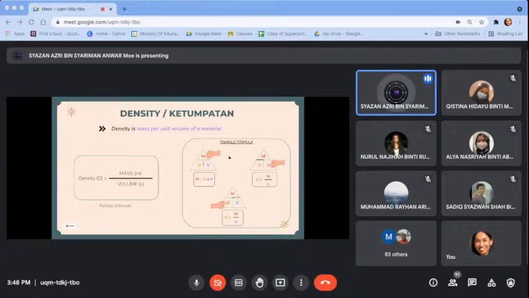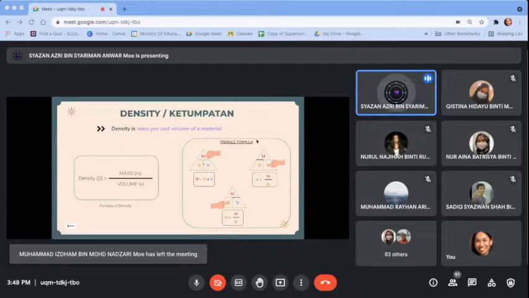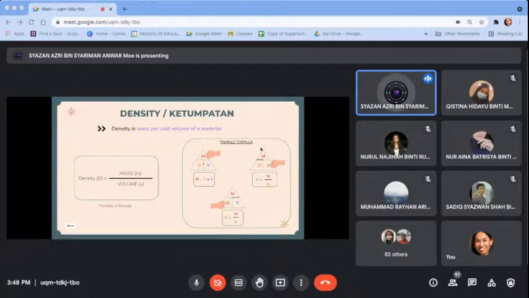This method is called the triangle formula. As you can see here, the hand is closing the M symbol, which is mass. Firstly, I would like to share on why we use the triangle formula. For example, if a question asks us to search for the volume, and the density and the mass are given, we need to know how to search for the volume.